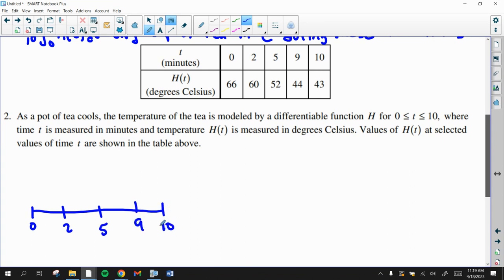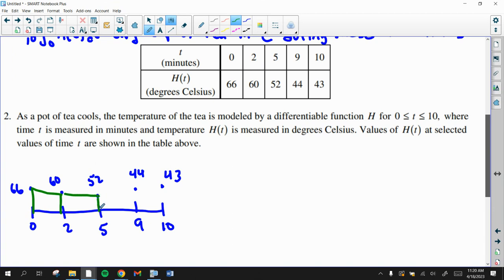So here's my t-axis. h of t is 66 here, 60 at 2, and the scale does not matter. Even if it is decreasing, it doesn't matter on my drawing. All I'm worried about is drawing these trapezoids. So here's the first one.